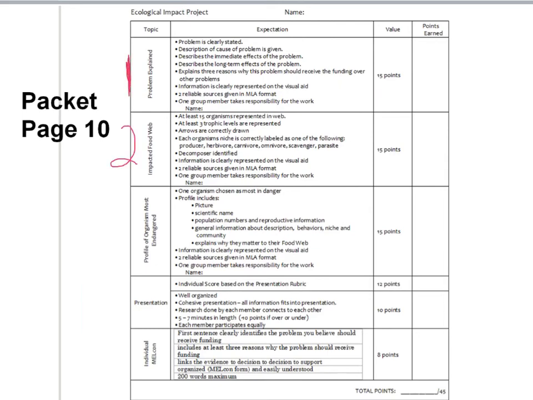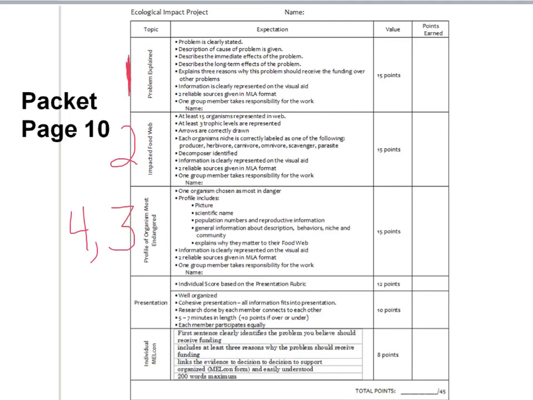Another person is going to talk about the food web that's impacted by the problem. And a third person is going to do a profile of an endangered species in that food web. If you have a fourth person in your group, the fourth person is going to profile another endangered species. So you're going to have to break this up.